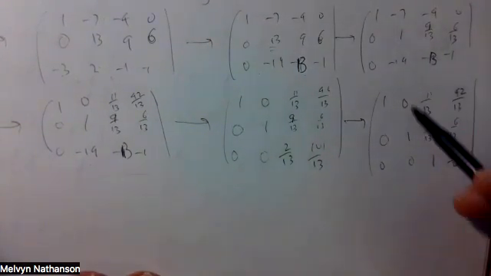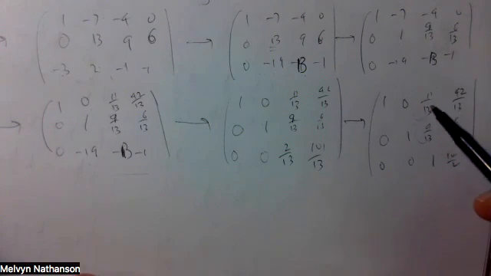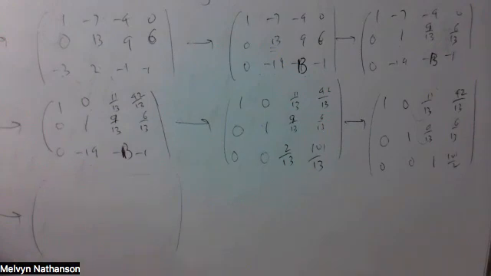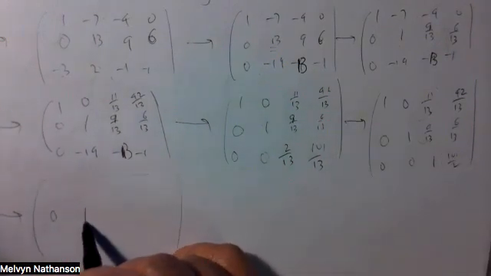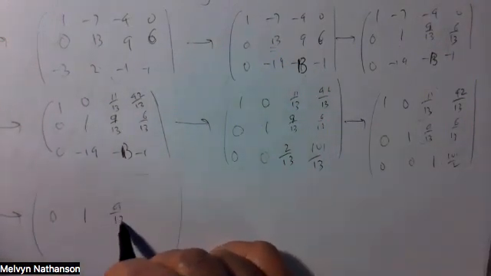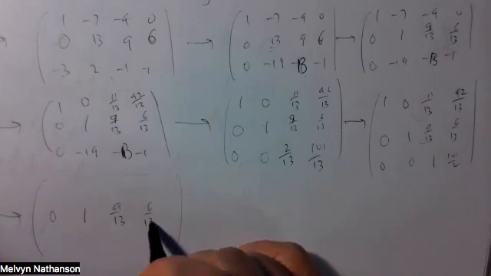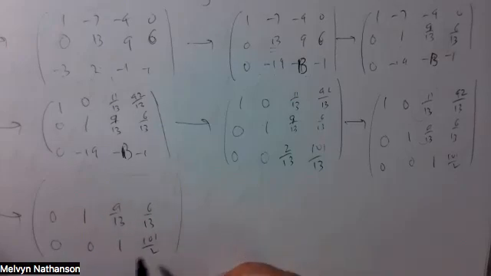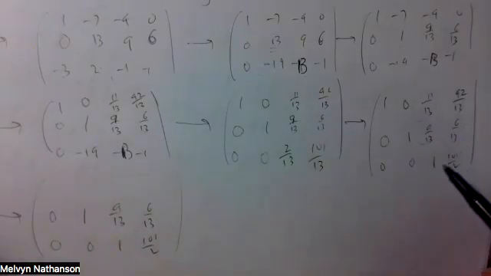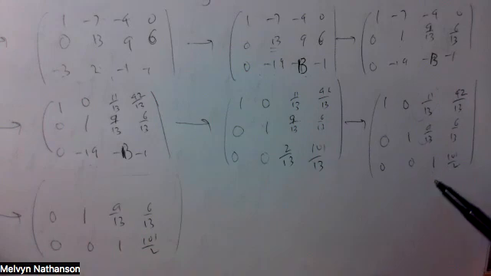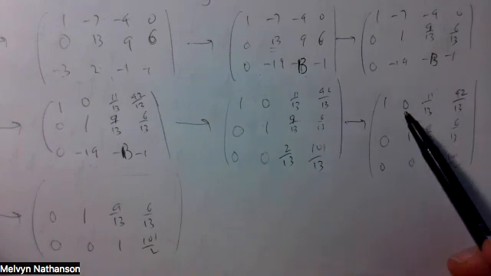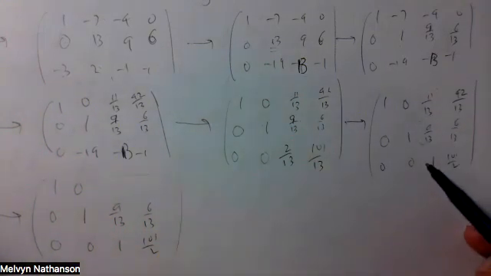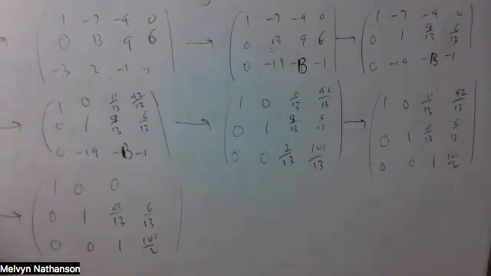And then I need to eliminate these 2 numbers. So there are going to be 2 more steps. I'm not changing the second row yet. And to the third row, I subtract 11 over 13 times the second row. 1 minus 0, 0 minus 0, 1, 0. 11 over 13 minus 11 over 13 is 0.